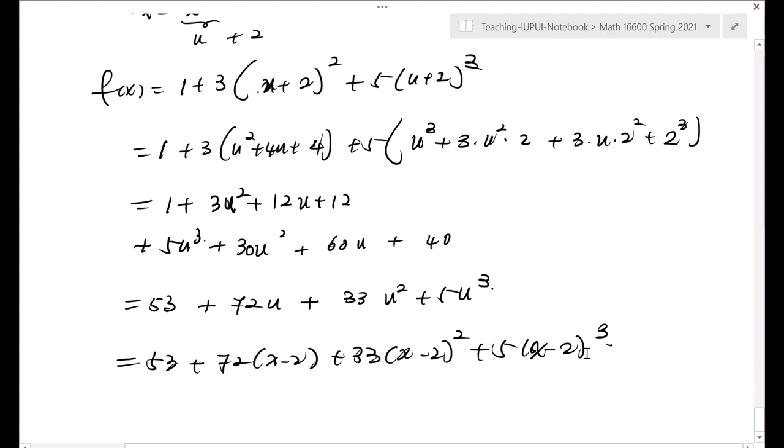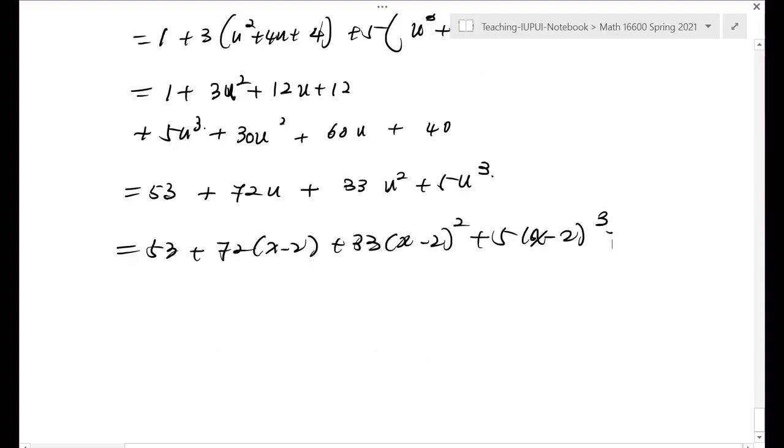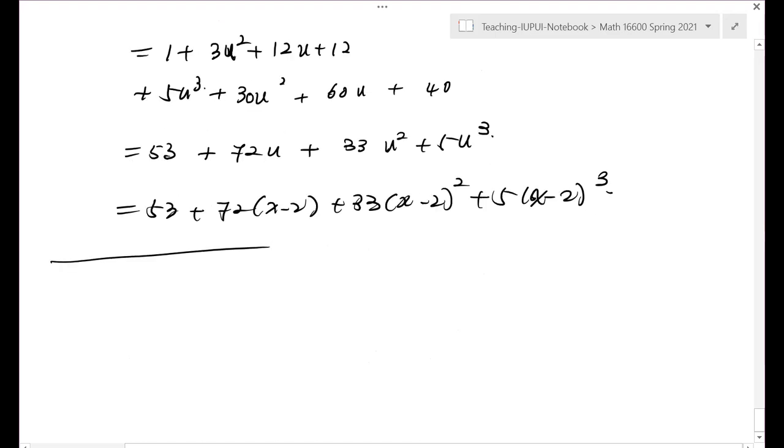All right. Now, we are going to try to recognize a power series as an elementary function.